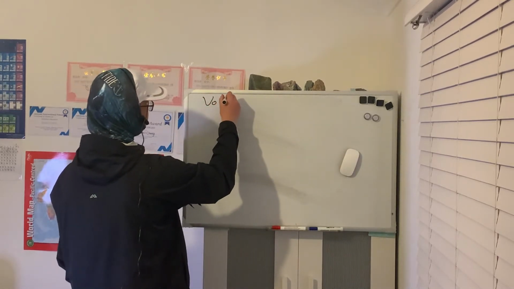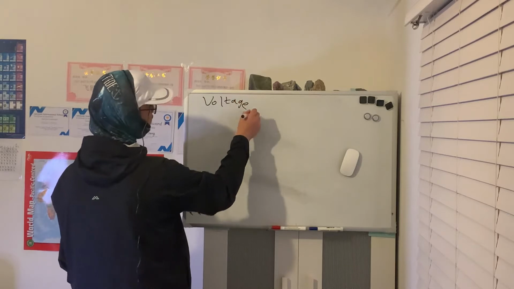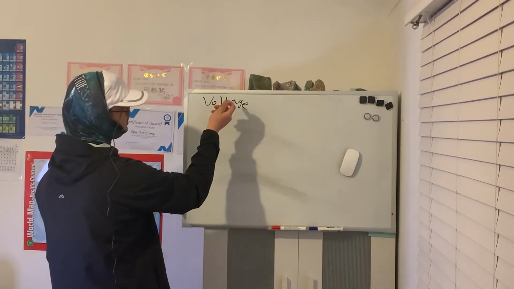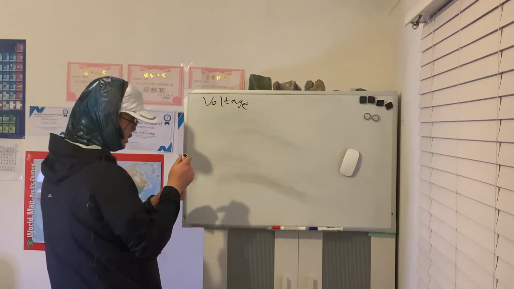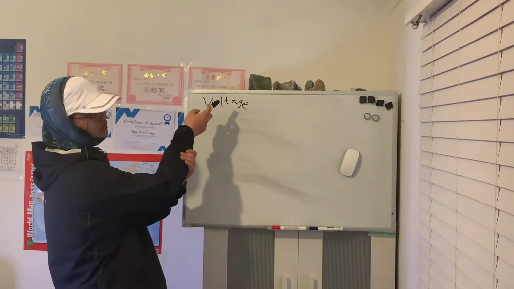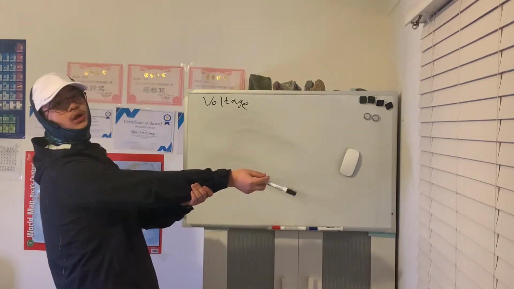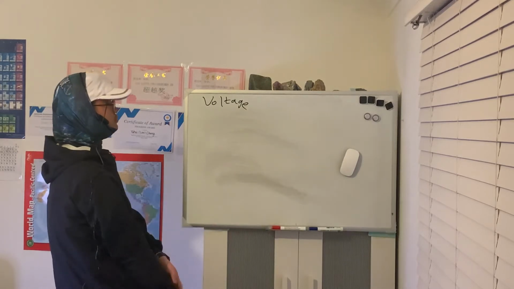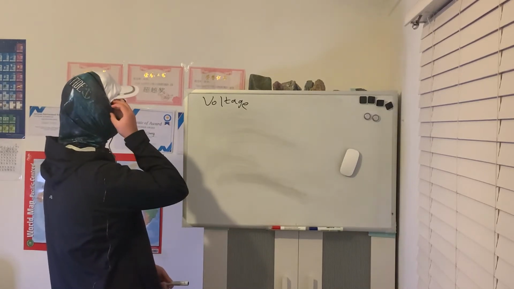We have voltage. Even though you don't understand electricity, you've heard about this idea a lot. They say, in Australia, the voltage of the power source sent to our home is 240 volts. That is the voltage.